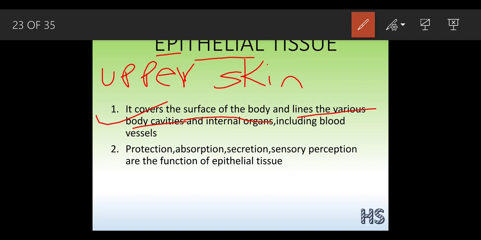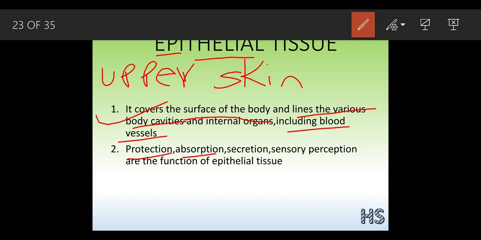The word body cavity means the empty space inside our body, and inside this empty space the different organs are settled. It is included in the blood vessels as well, because they work for protection. Okay, they work for absorption. Whenever you apply any ointment, it can get easily absorbed.